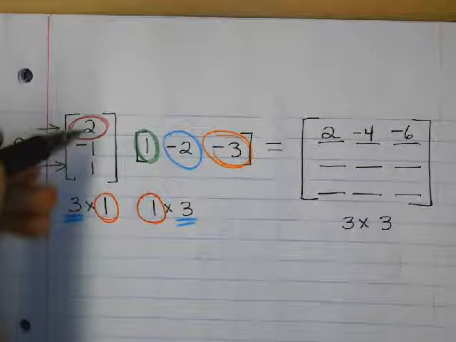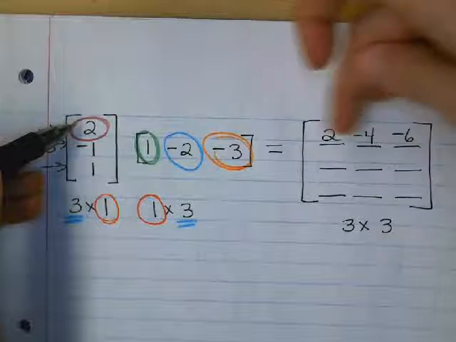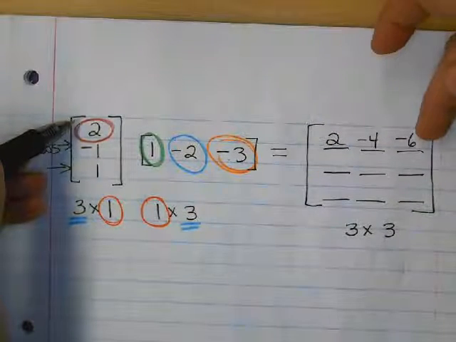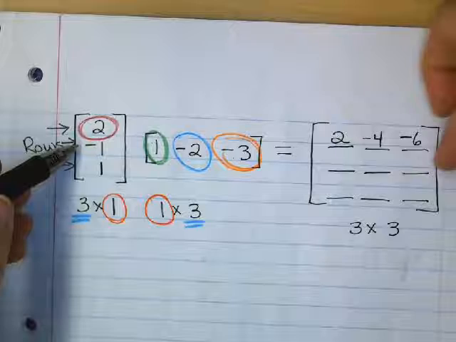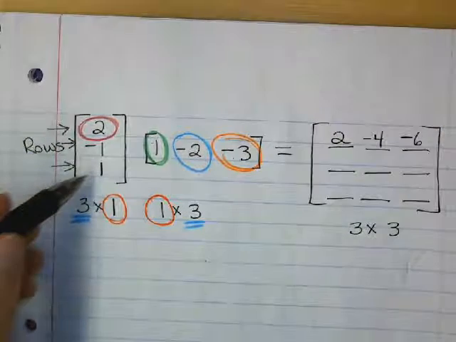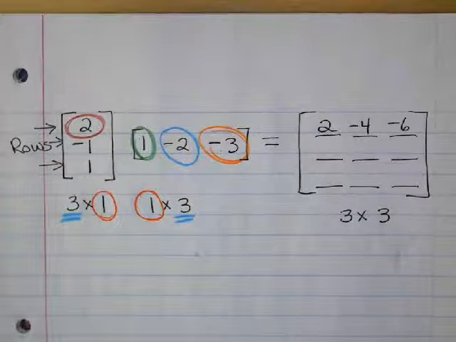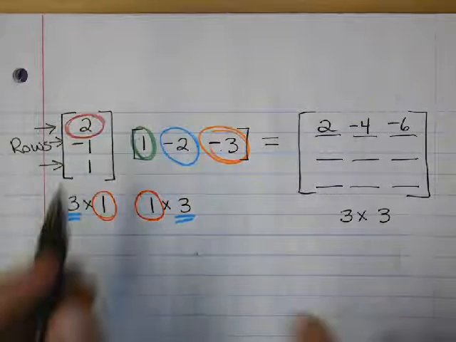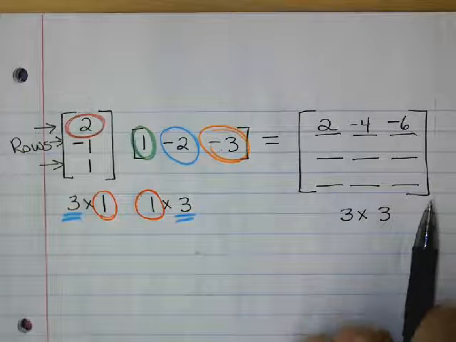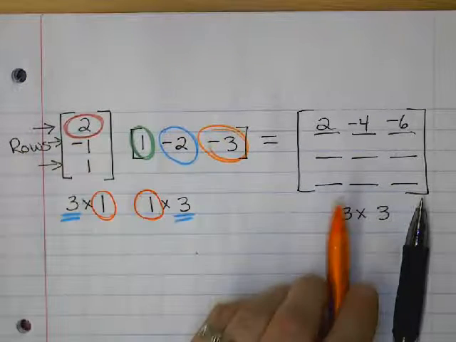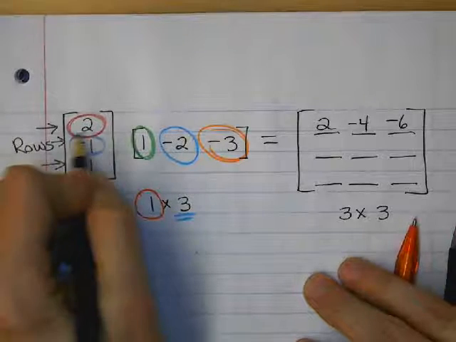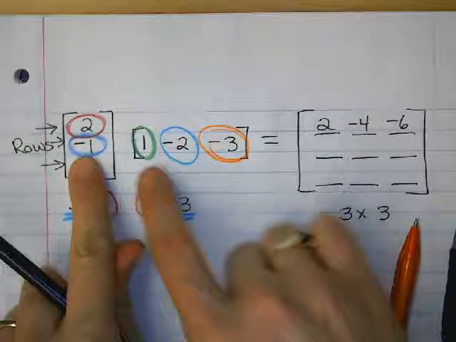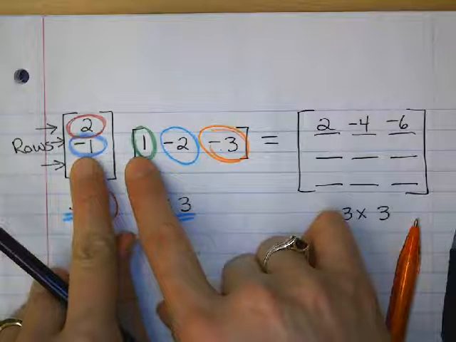So I did row 1 with each column, filled in my top. Now I'm going to do row 2 with each of these columns and fill in the middle section. So what do you think? You kind of catch on? I'll keep going. So now I'm on the second row. This row with column 1.